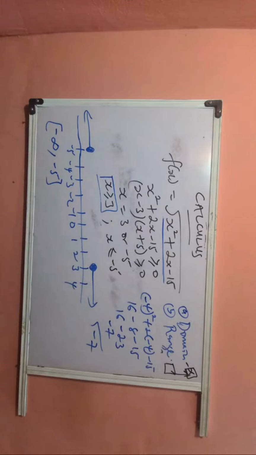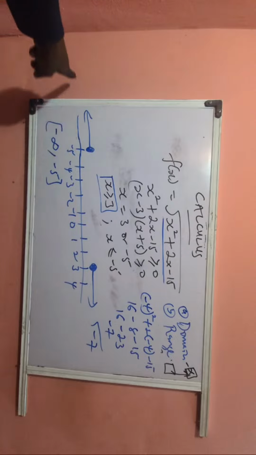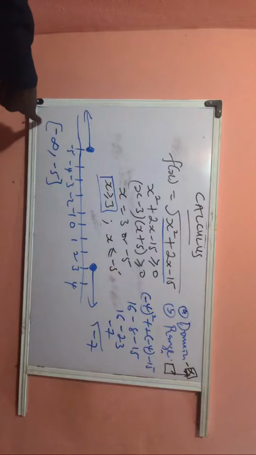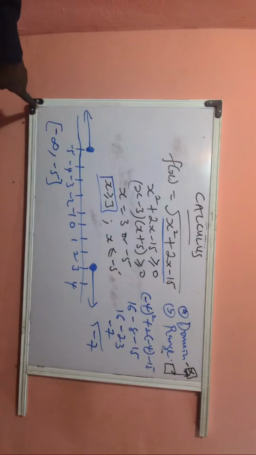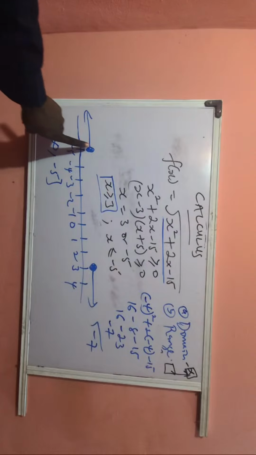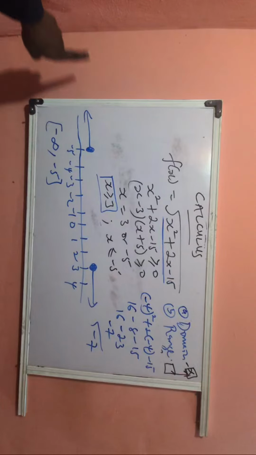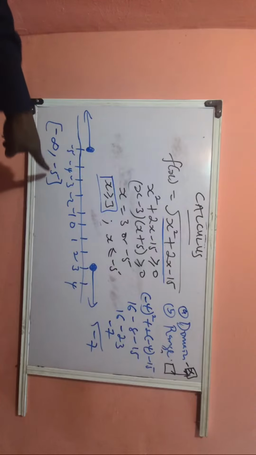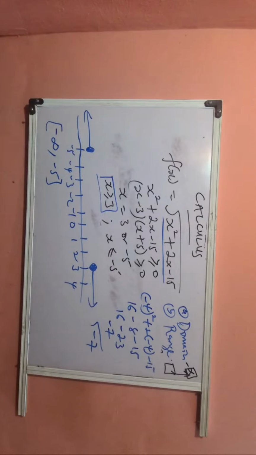So this is one solution for your domain. All this represents your domain, but not this alone. Your x values work fine from -5 towards minus infinity, which is what we wrote here. You are okay with x being in that range.